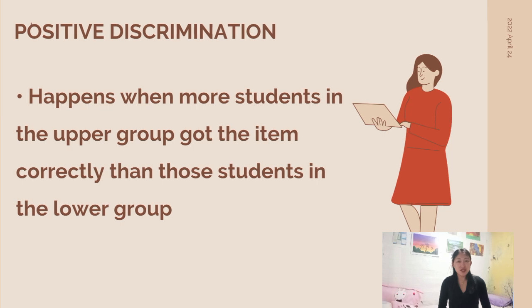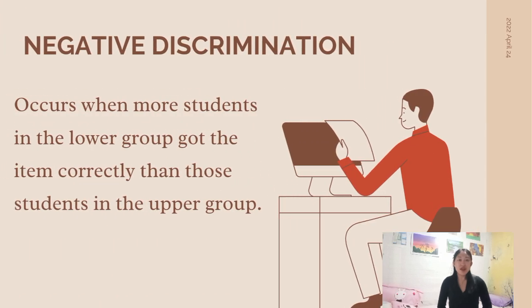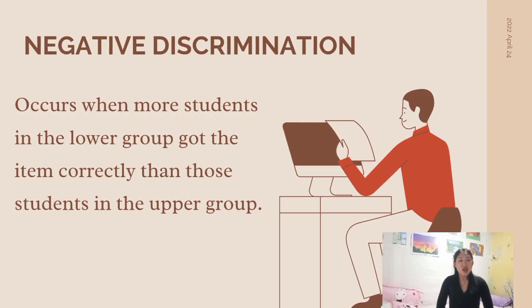The next is the negative discrimination. It occurs when more students in the lower group got the item correctly than those students in the upper group. This is the reverse of the positive discrimination we discussed a while ago.